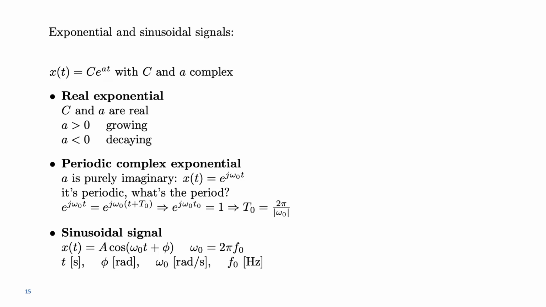Okay, so here omega 0 is defined as 2 pi f0, and t, the independent variable, is for example in seconds. Phi, which is a phase and is constant, is in radians. Omega 0 is in radians per second. And f0 is in hertz, which is equal to 1 divided by seconds. Okay, so let's see what this relationship is.